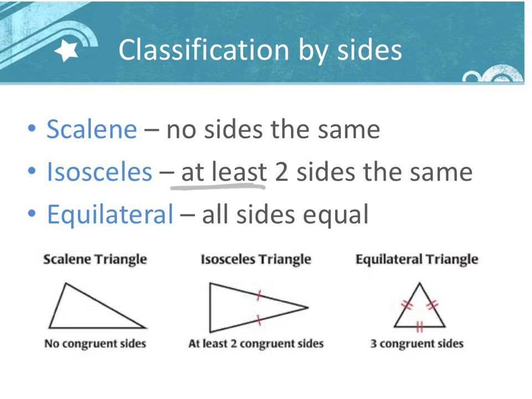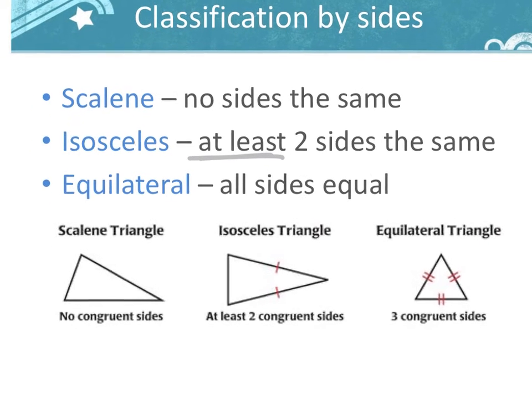Now, when you're classifying these, they're either going to give you congruency marks or they would give you numbers. So in that first triangle down there at the bottom, the scalene triangle, I know it doesn't have numbers. Again, you're not supposed to assume anything about figures.